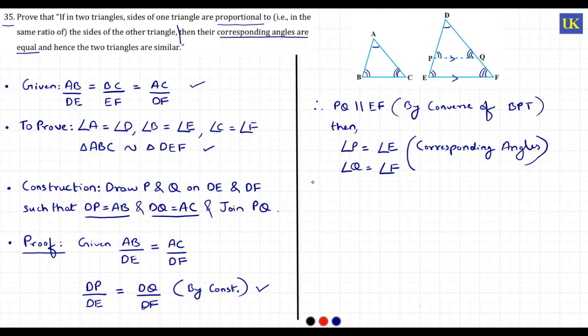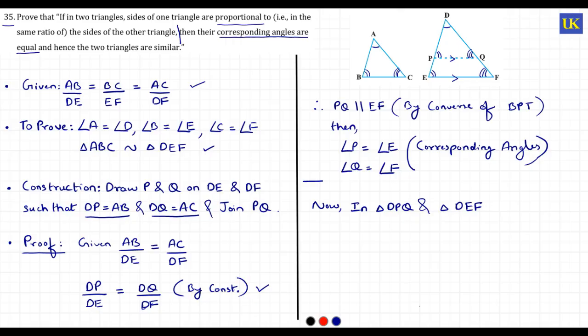Now next further, what I will do is, I will say now in triangle DPQ and triangle DEF, I am taking this small triangle DPQ and I am taking the bigger triangle DEF.